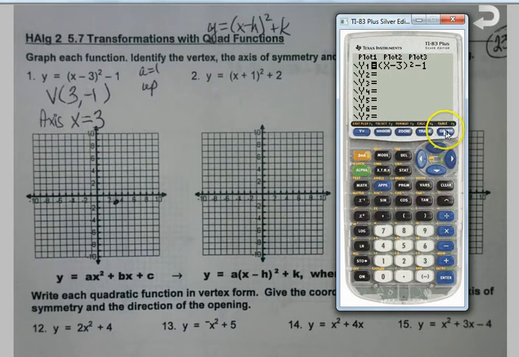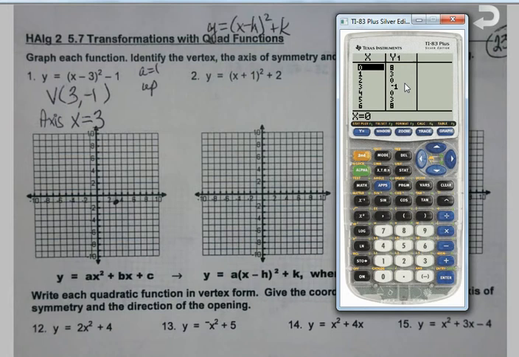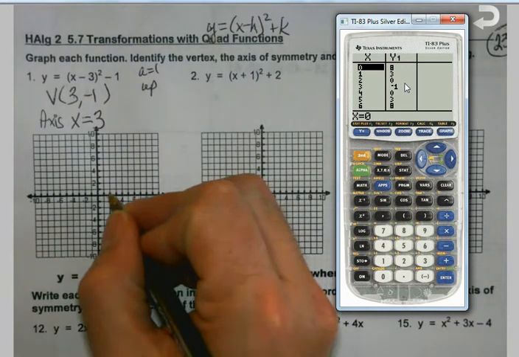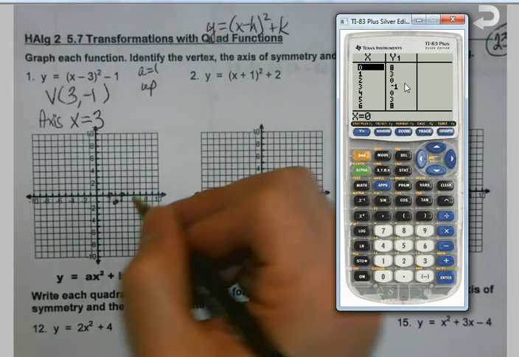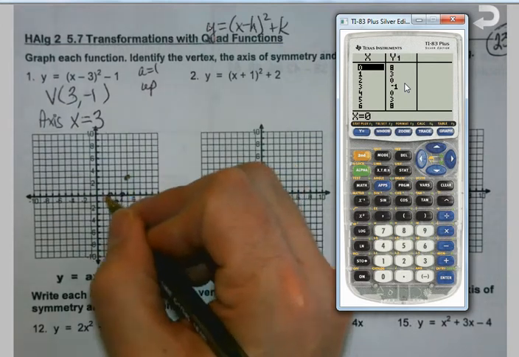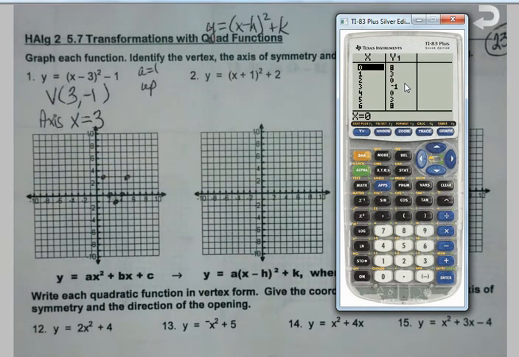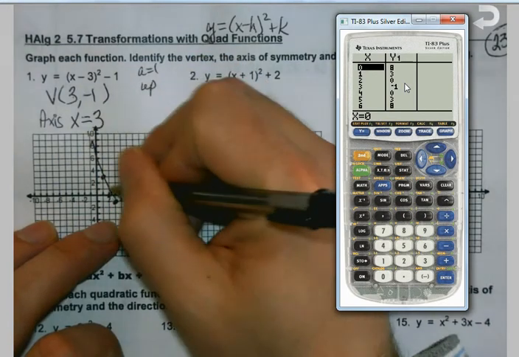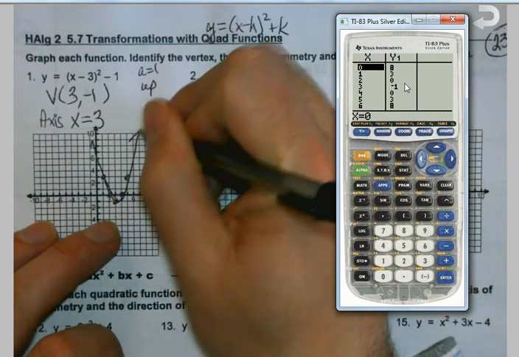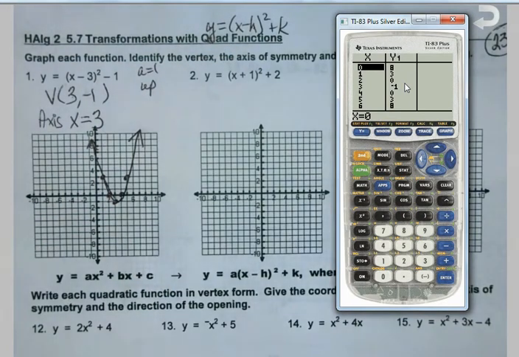If I get my vertex in the middle, I get to see the symmetry, and fairly quickly I can get myself some more points. In a minute I'm going to show you something that might speed this up even more, and I might not need the calculator at all, at least for the types of problems we're going to be working with here. So I'll get my parabola through there and I'm good to go.